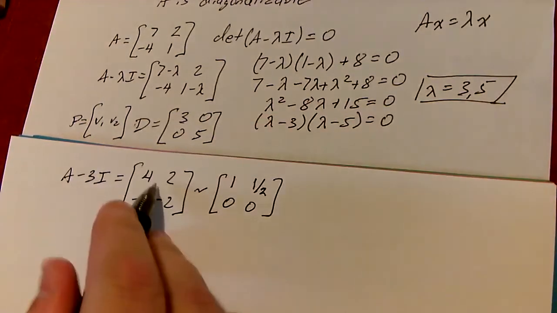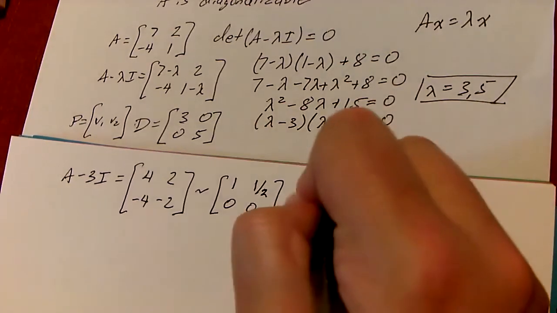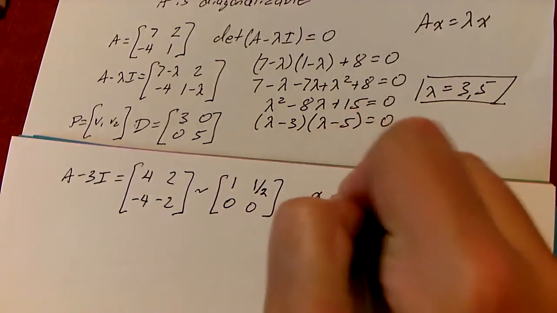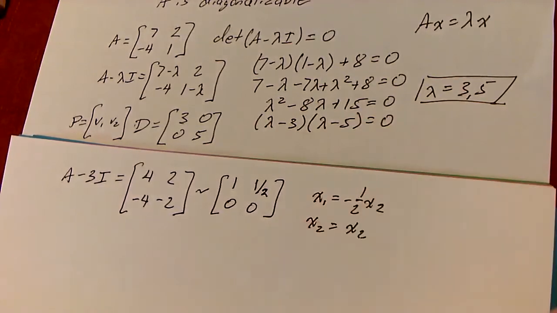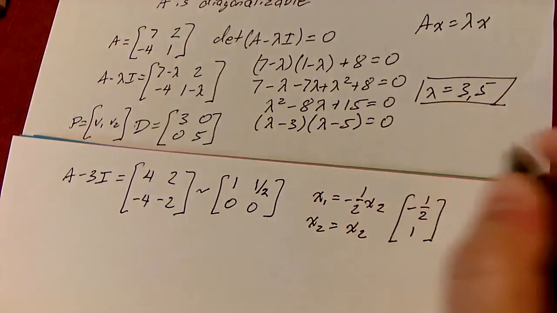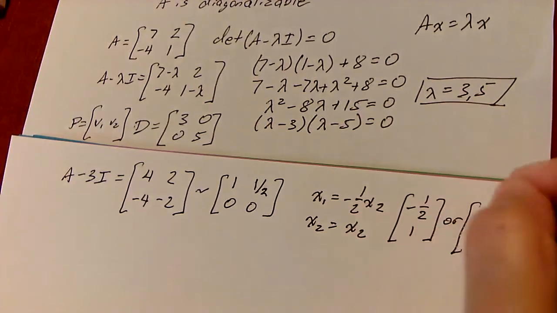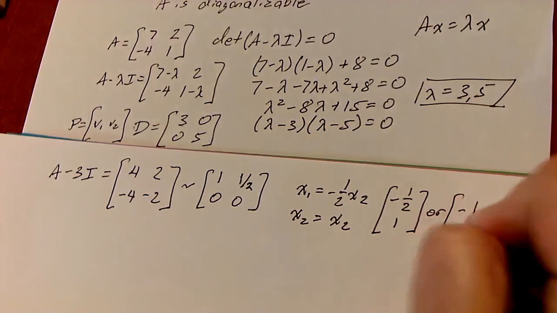I would get the zeros by simply adding, and then I'll scale this by 4 to get me 1 and 1/2. So I have x1 is equal to -1/2 x2, and x2 is free. So we might write -1/2, 1 as our vector, or we might prefer, in fact, we do prefer, to get rid of the fraction. So I'm going to have -1 and 2.